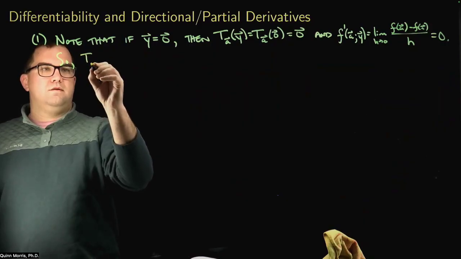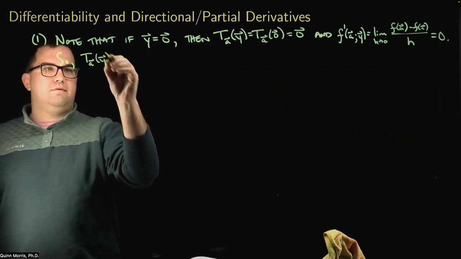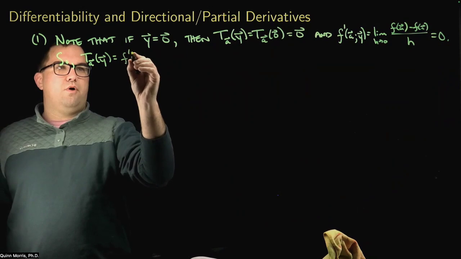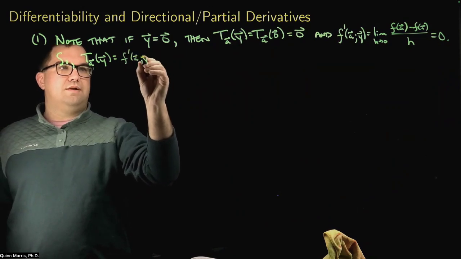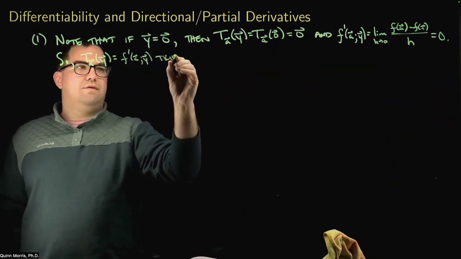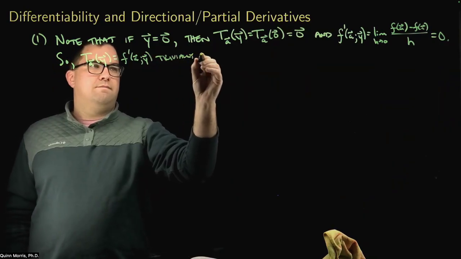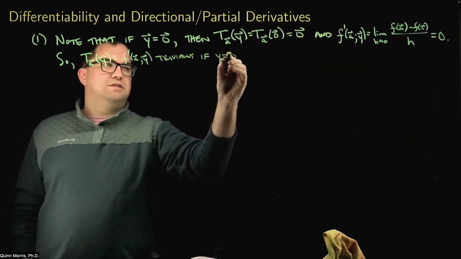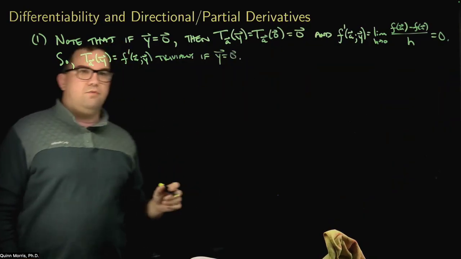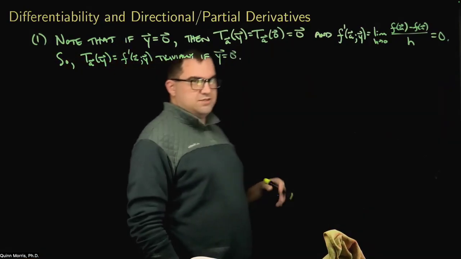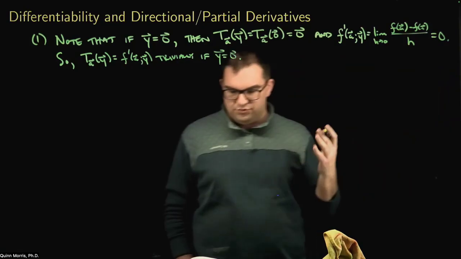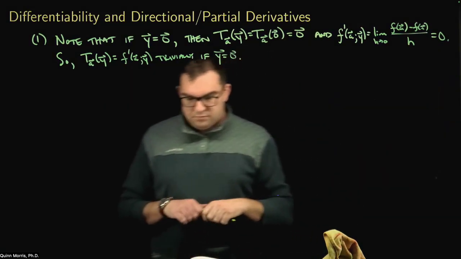So T sub A of Y is equal to F prime of A with respect to Y, trivially, if Y is the zero vector. Now, we basically want to get that case out of the way so we can deal with the more interesting case.